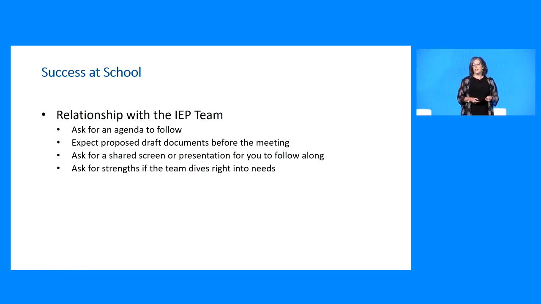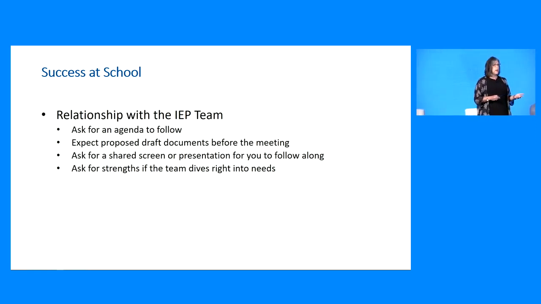Another thing is, everybody is strapped for time, right? Even at school. And sometimes you'll feel like you have 1 hour to complete your IEP team meeting. So I like to make sure that our team starts with some things that are going well and some strengths about your student before they jump into, here's what we're going to do, here's what the needs are, this is what needs to happen.